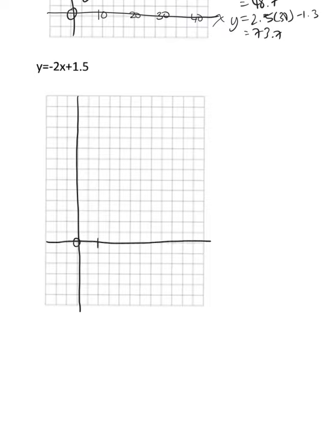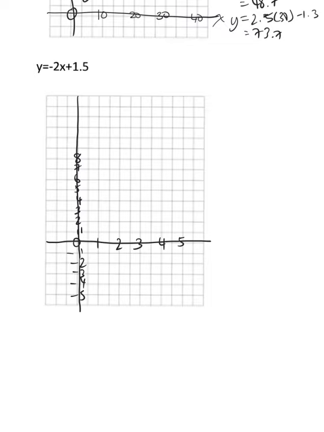I'm just going to do 1, 2, 3, 4, 5, -1. Oh, I want to go down by 1. Okay, -1, -2, -3, -4, -5. That means I need to go 1, 2, 3, 4, 5, 6, 7, 8.